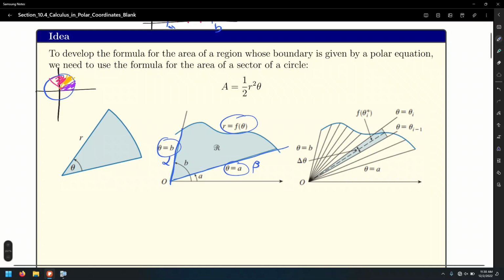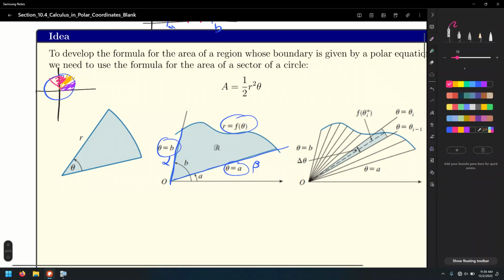So essentially what we're going to do here is find areas of circular sectors. So this is one circular sector. That's another circular sector.